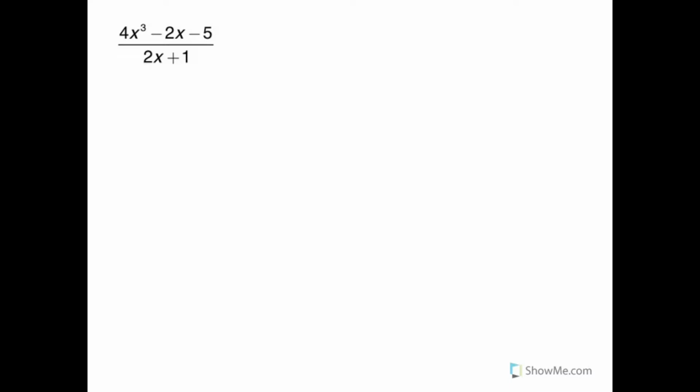The tricky thing about this division is that the dividend 4x cubed minus 2x minus 5 has no x squared term. But we need an x squared term, so we're going to put in a ghost term when we write out the division. So 4x cubed plus, and then we don't have any x squareds, there's 0 of them, but we left a space for them.